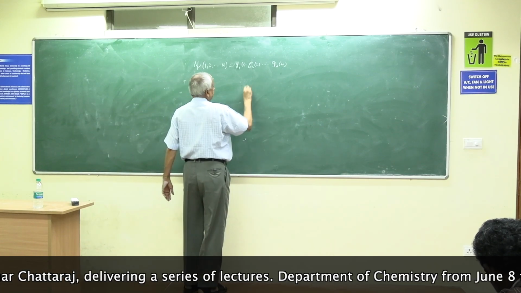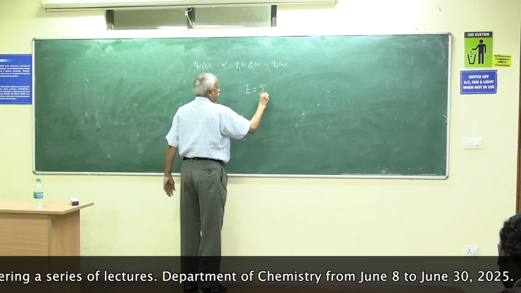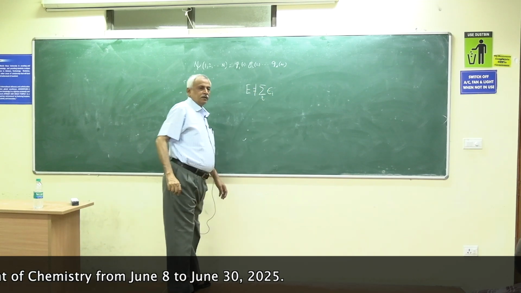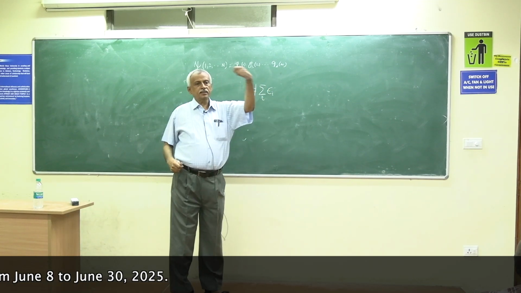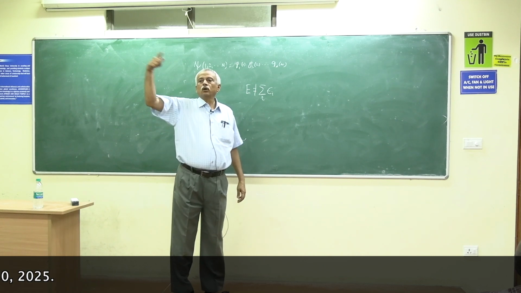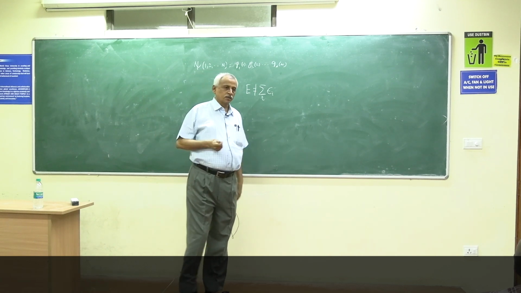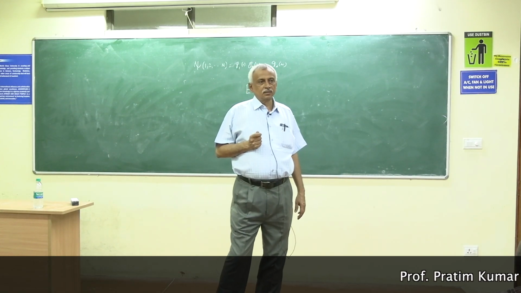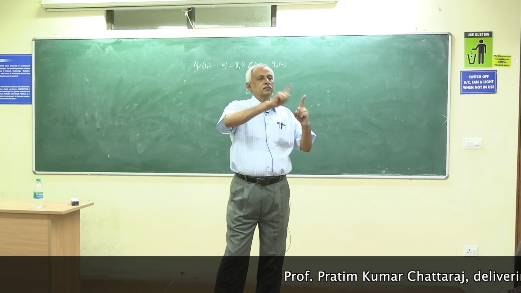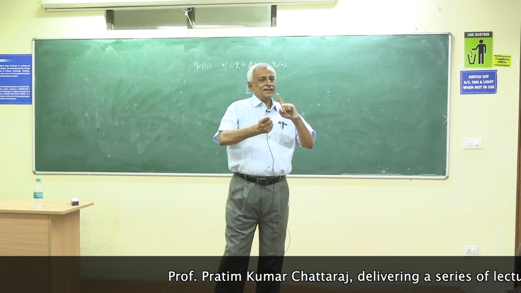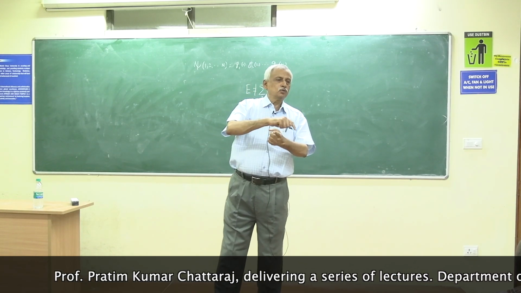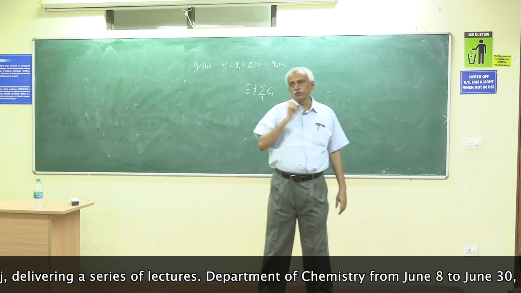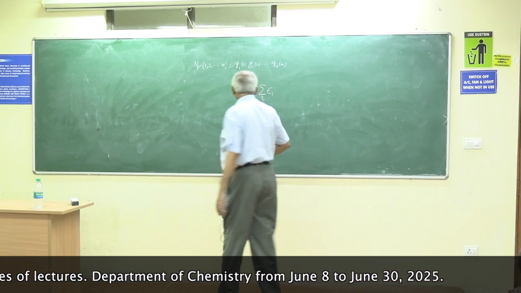First thing you can see is that the total energy is never just the sum over i of E_i. If electron 1 has E1 energy, electron 2 has E2 energy, adding all of them does not give the total electronic energy. Why? Because of the way we calculated: at the first stage I calculated 1 interacting with 2, in the second stage I calculated 2 interacting with 1. So there is a double counting, and I have to remove that double counting error.